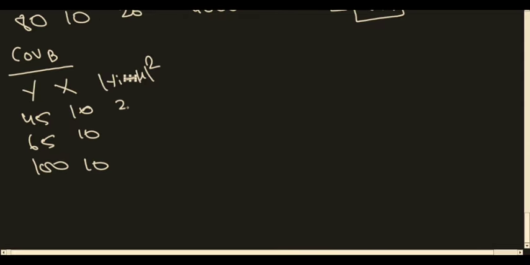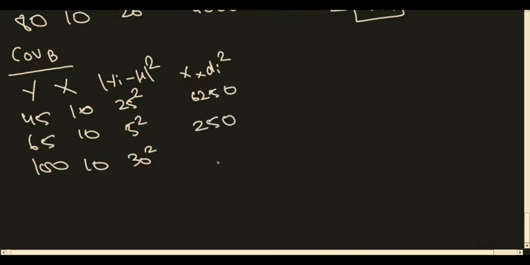So we take deviations 25 square, 5 square, 30 square, multiplied by the frequencies. Now this would come out to be 6250, 250, 9,000. Then for country B, COV is sigma upon x bar.